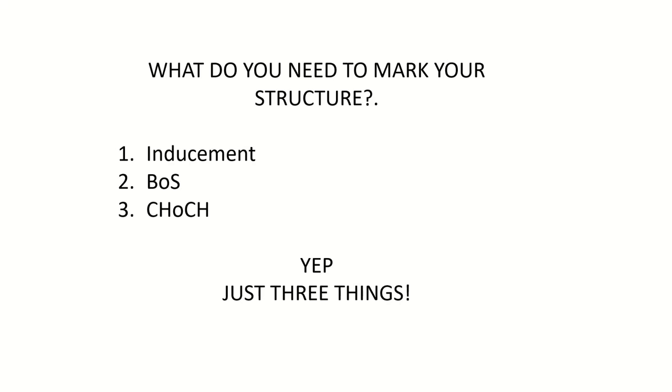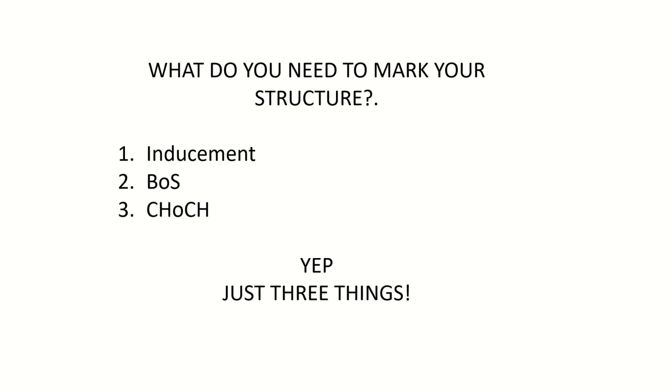For the break of structure, it shows continuation of the market in the same direction. And for the change of character, as the name suggests, it shows a change in the market direction. All right. So a break of structure is a continuation. For a change of character, it's a change in the market direction.